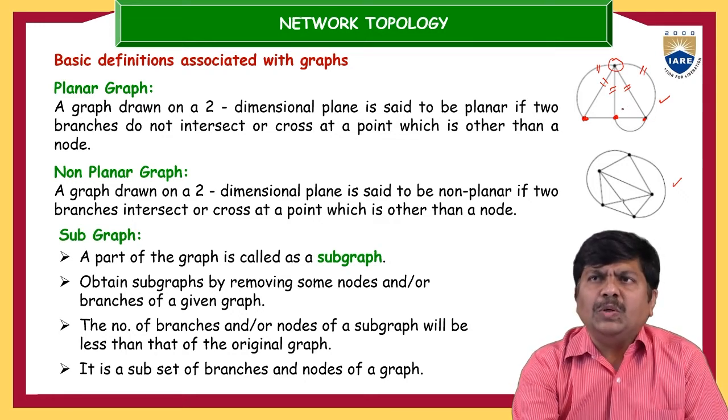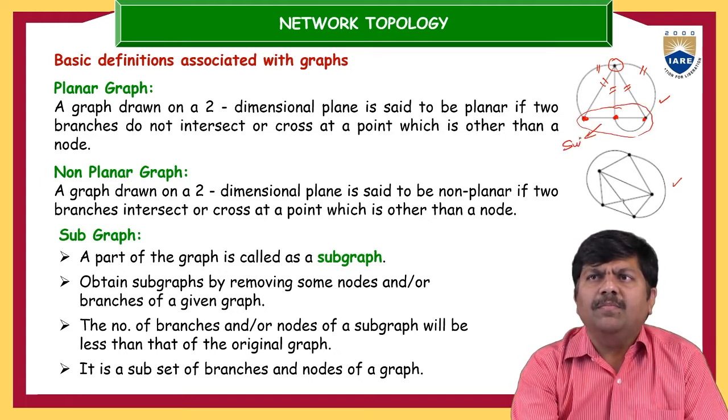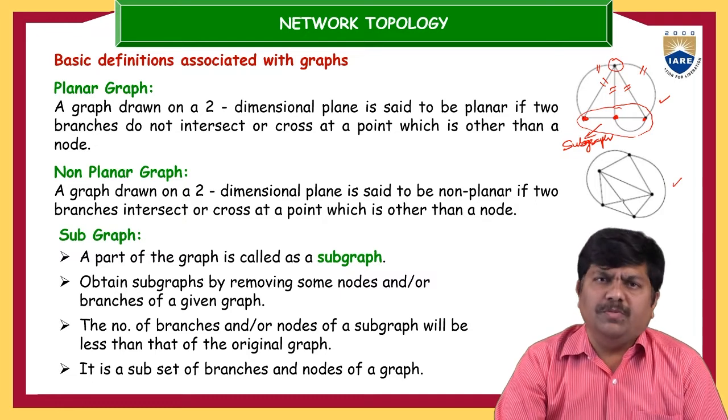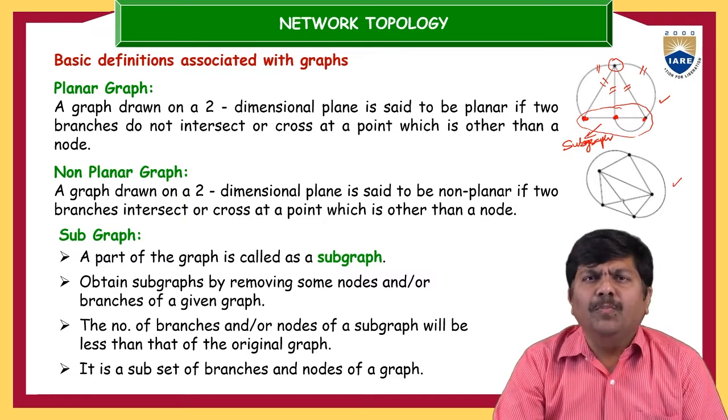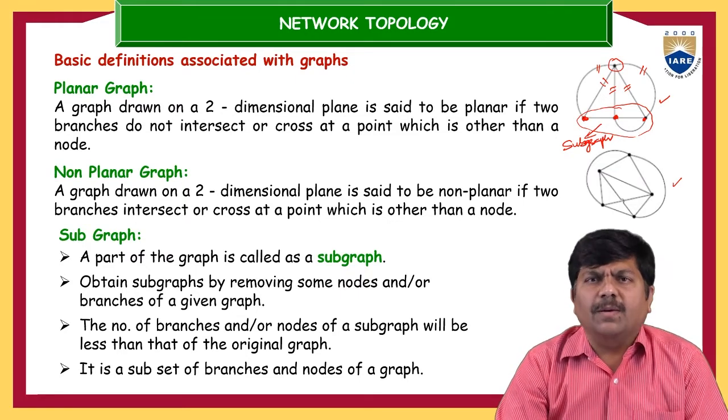So if you draw some portion of the whole network, this must be a subgraph. This subgraph can be obtained by eliminating one or two nodes based on our requirements, or a few branches or links. The remaining portion of the graph is nothing but a subgraph.